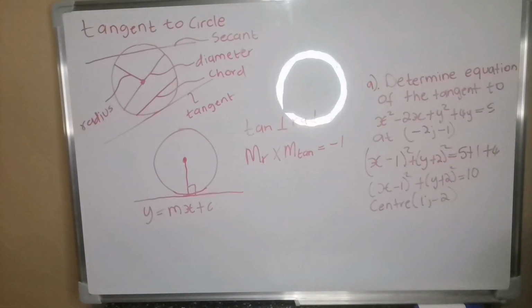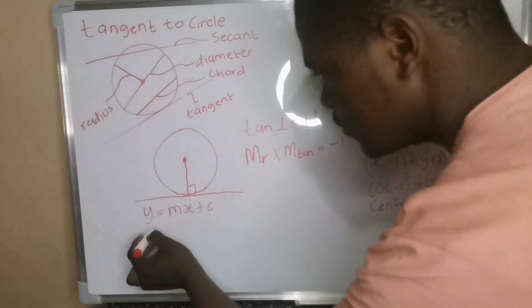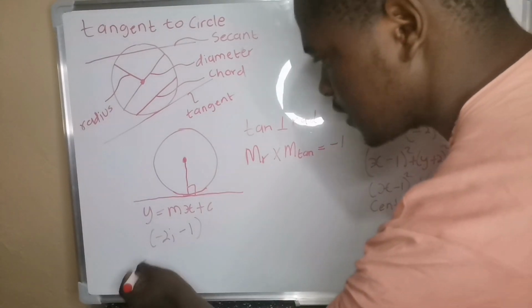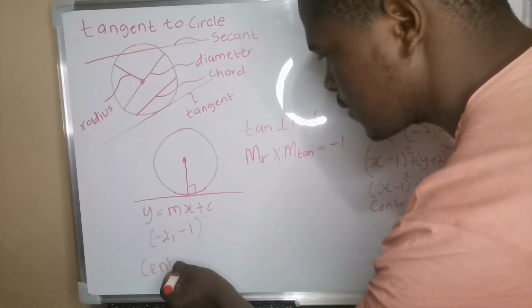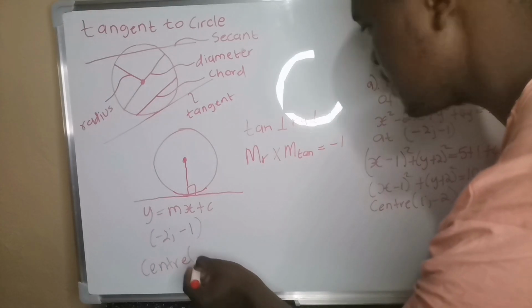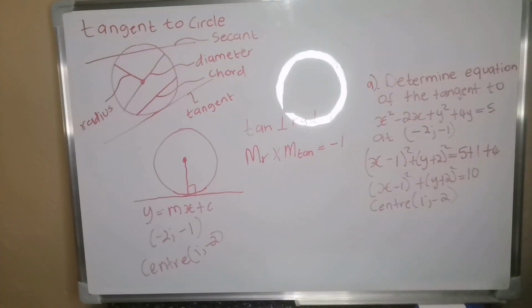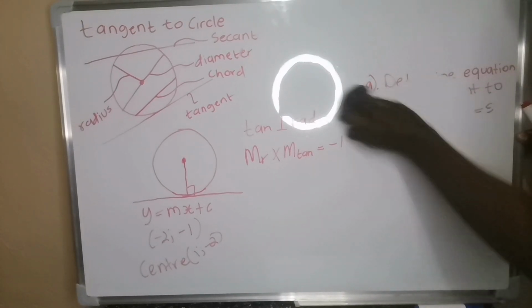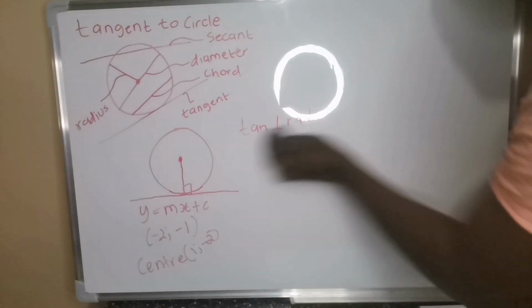Remember, we are given the point -2 and -1, and our center is 1 and -2. So we need to find the coordinates of our center here.